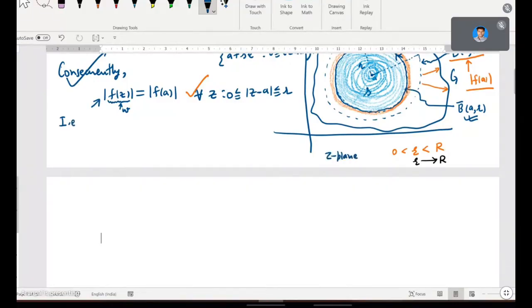Now see class, you can observe this as mod f equal to alpha, a kind of circle, where w means images of z under f, and class, I am calling alpha to this. Is this okay class?